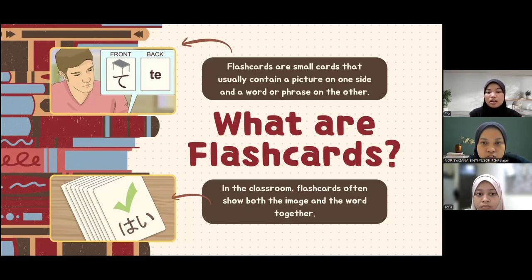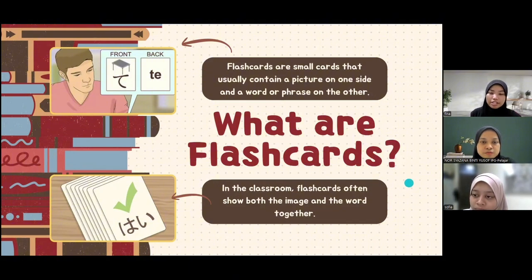And then the second one is in the classroom, flashcards often show both the image and the word together, like this picture. For example, a flashcard may show a picture of an apple with the word apple written underneath, and sometimes even in more than one language, like in English and Malay.